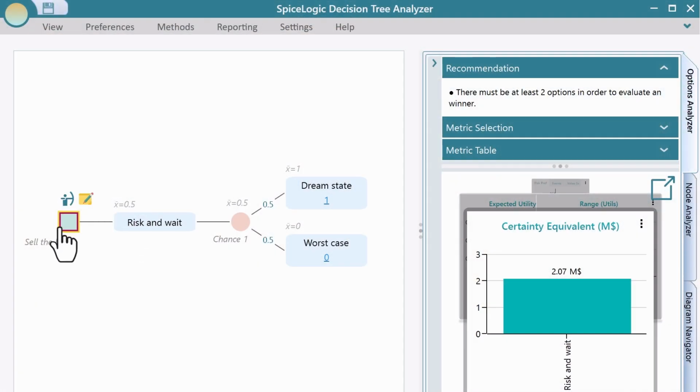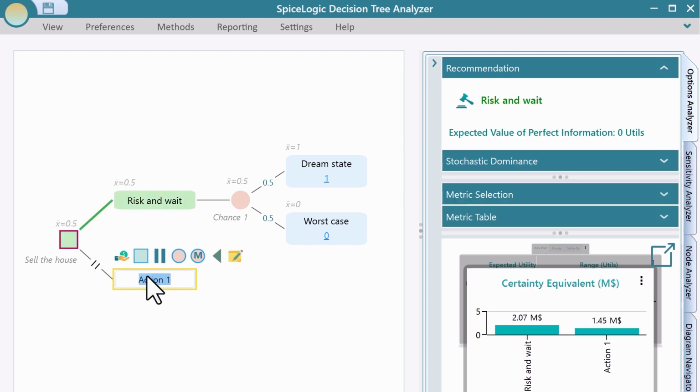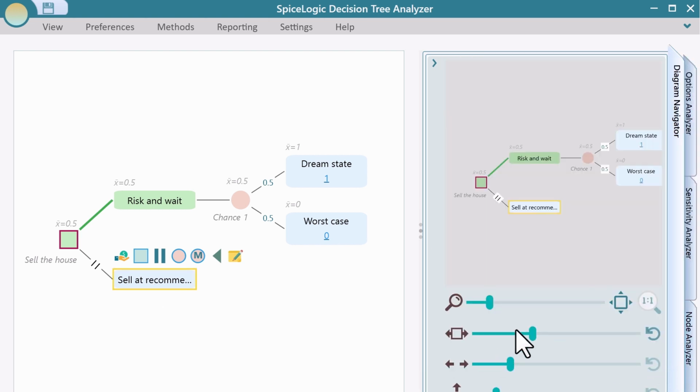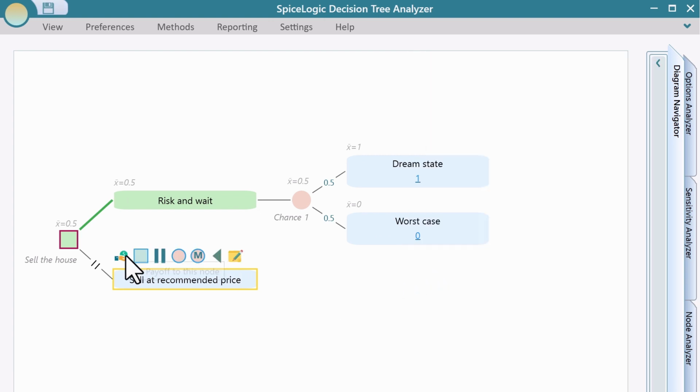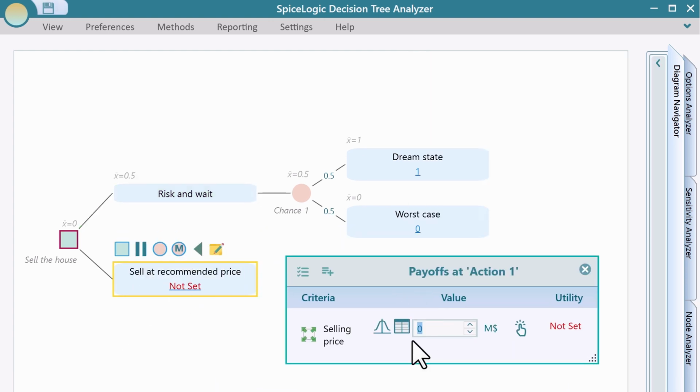Now you may wonder, the software just told me a number and I need to believe that this is the price that I need to sell for? What's the reasoning behind this number? Okay, create another decision action node and name it Sell at a Recommended Price. Then set the payoff to $2.07 million and see the utility value for this selling price.